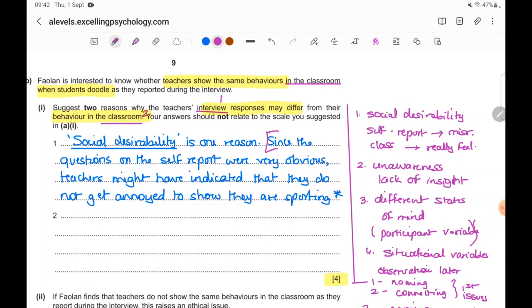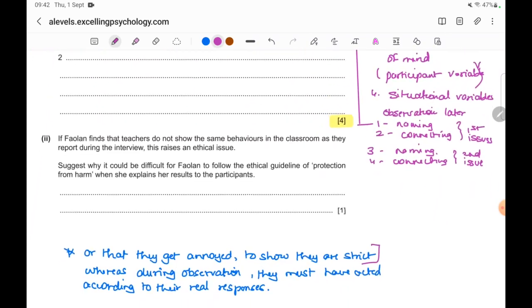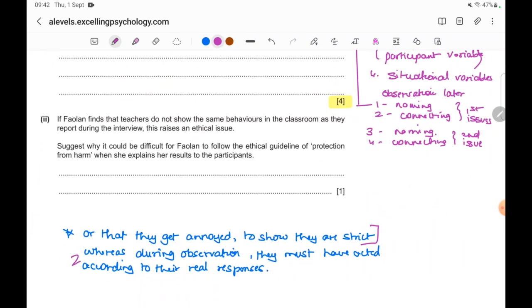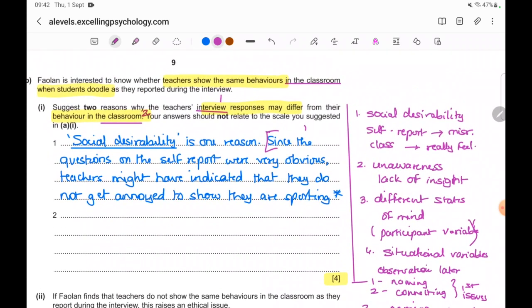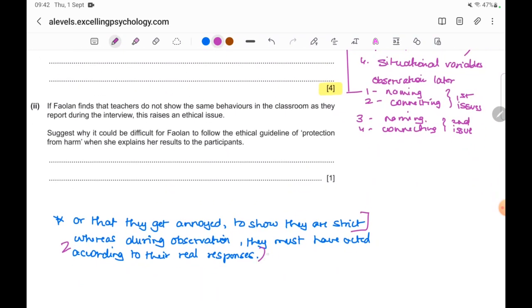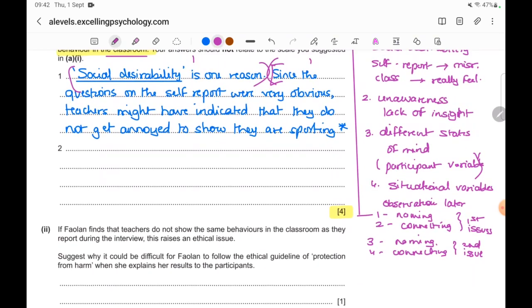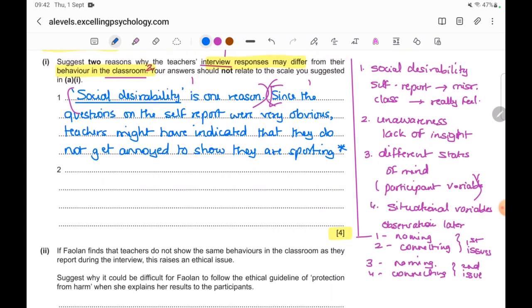Talk about what would have happened during the interview and what must have happened during the observation, both. Don't skip one. So directly compare both methods. As for marks, 1 mark we get for naming the issue, and the 2nd mark we get, as always, for connecting it with the study. We have to indicate one more issue, so we'll present that also.